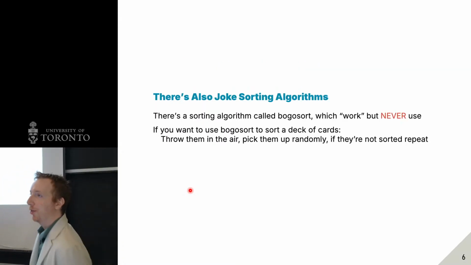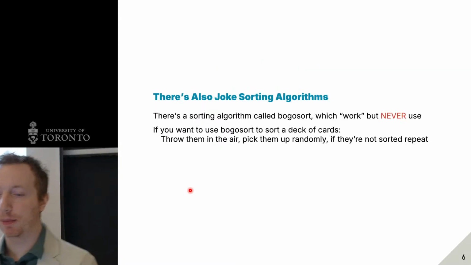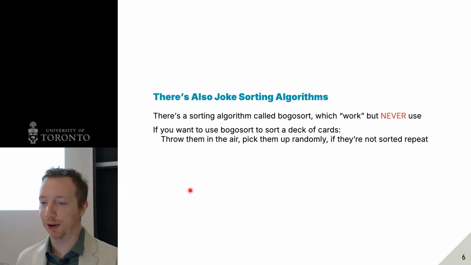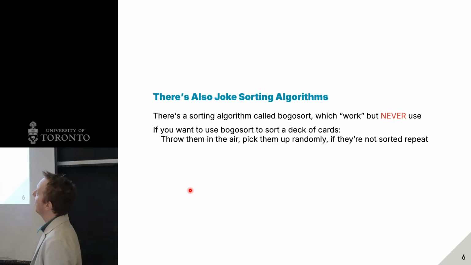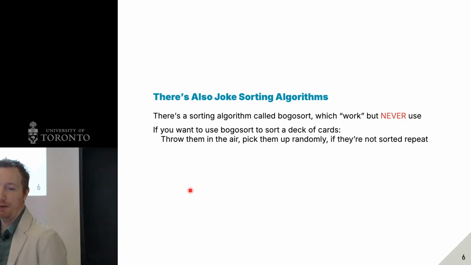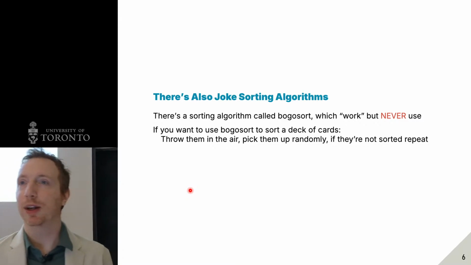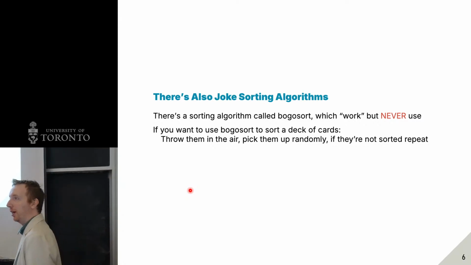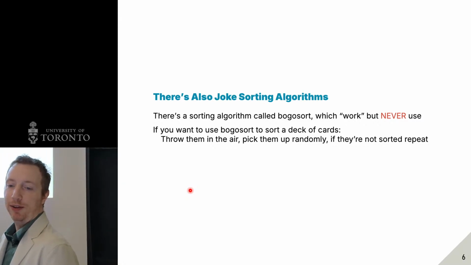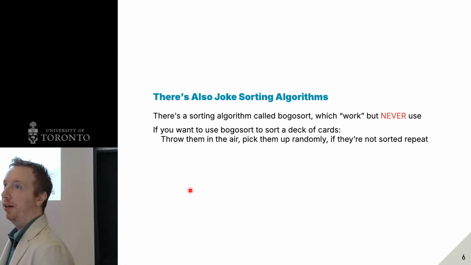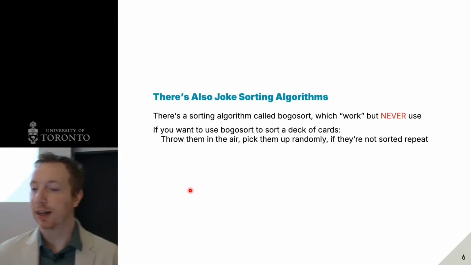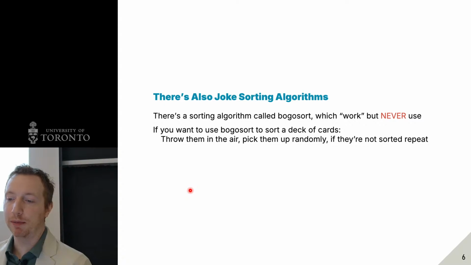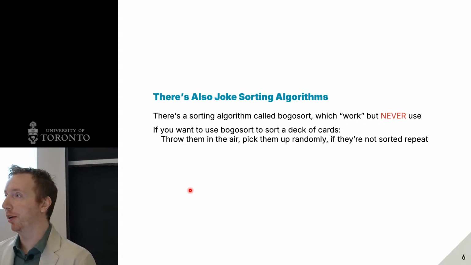So there's also some joking sorting algorithms. One is called BOGO sort, which kind of works, quote unquote, but you should never use. So the whole intuition, if you can call it that, behind BOGO sort is, say you were sorting a deck of cards. How you do this is you throw them up in the air, you let them land where they may, and then you just pick them up randomly, and if they're not sorted, you just do it again.